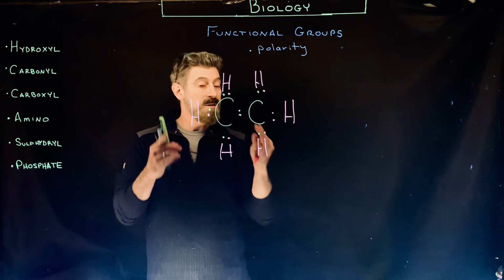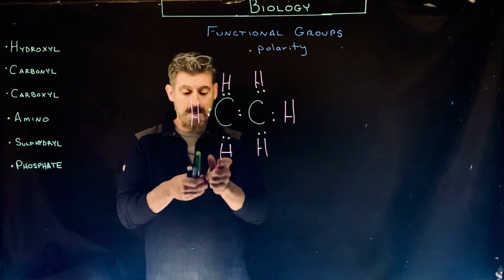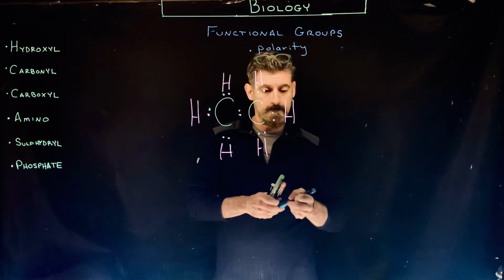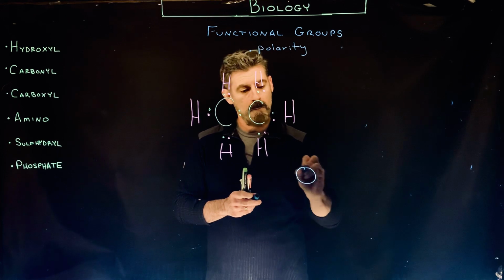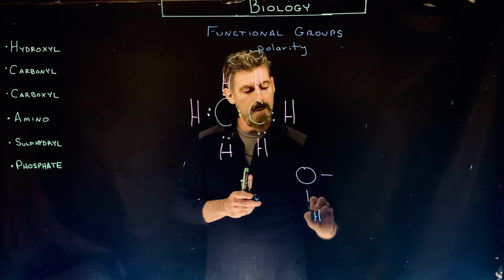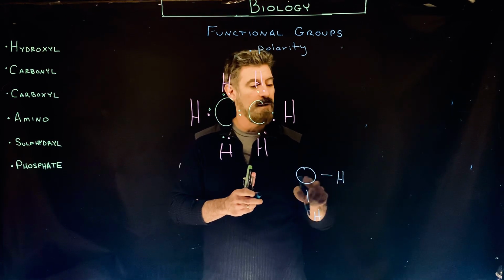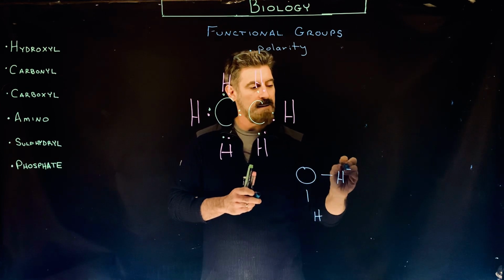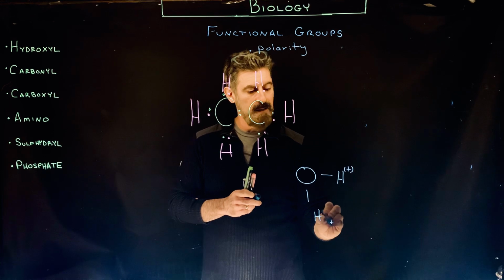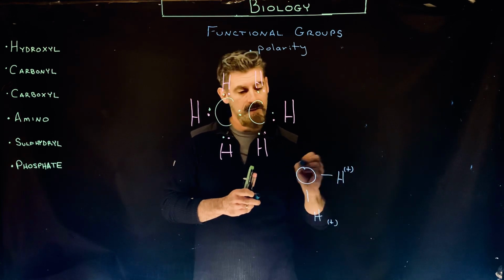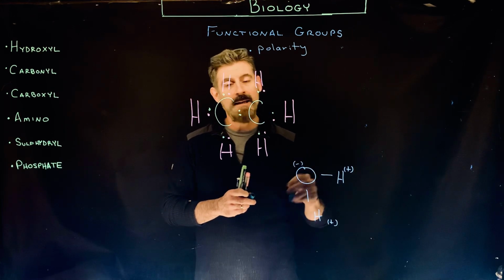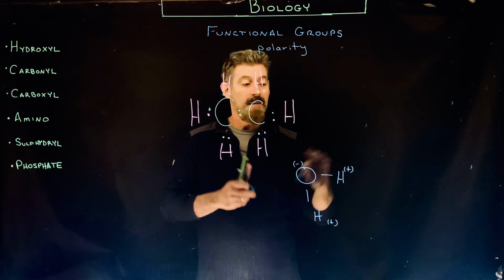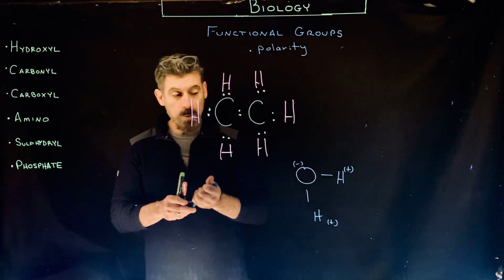So when this molecule, ethane, interacts with water, the water molecule is polar. The water molecule does not share equally between the oxygen and the hydrogen. So the hydrogen ends up feeling like it's lost an electron, being positive. The oxygen feels like it's gained electrons, being negative, and that's what allows water to interact with other polar things.